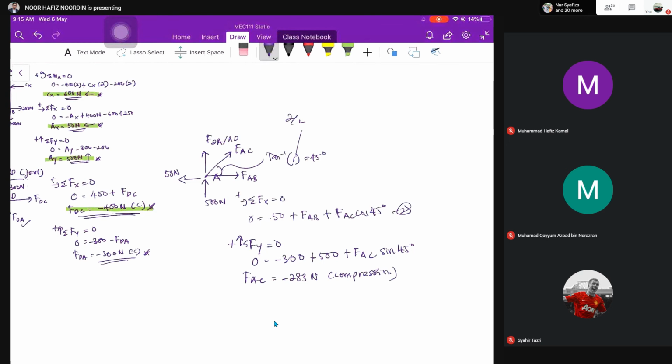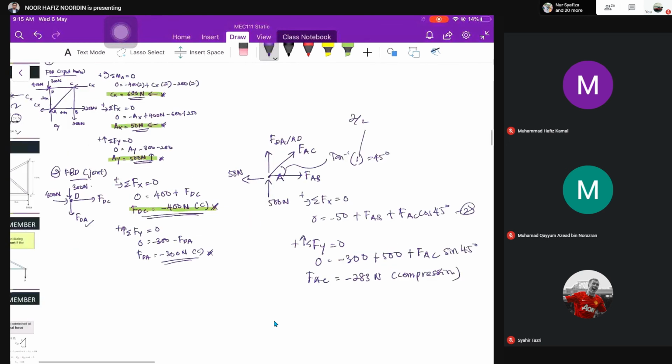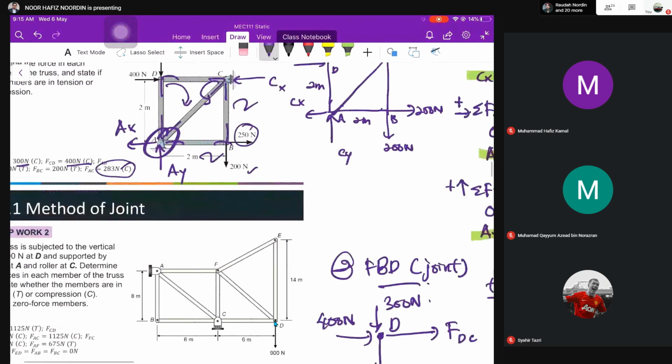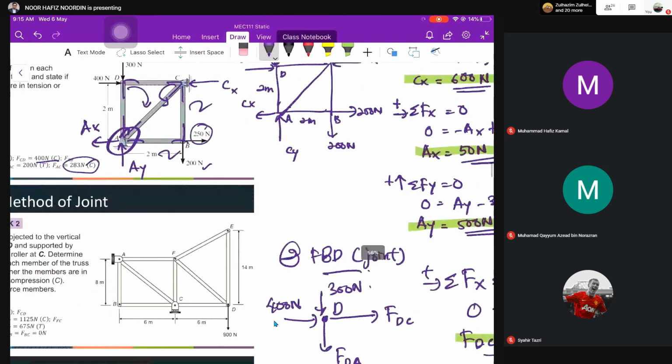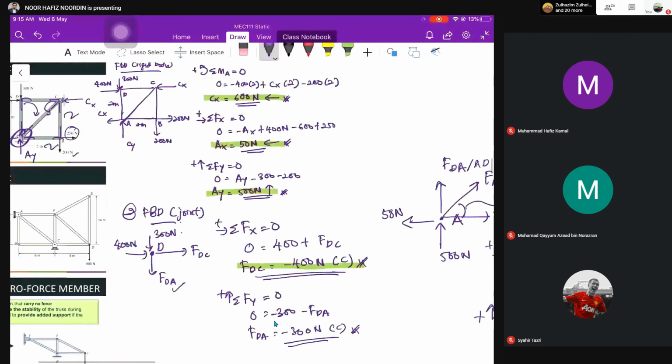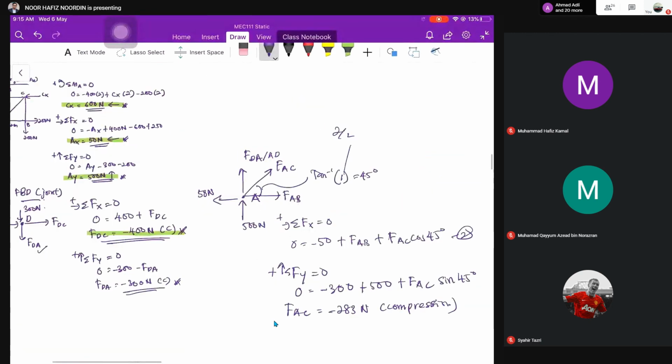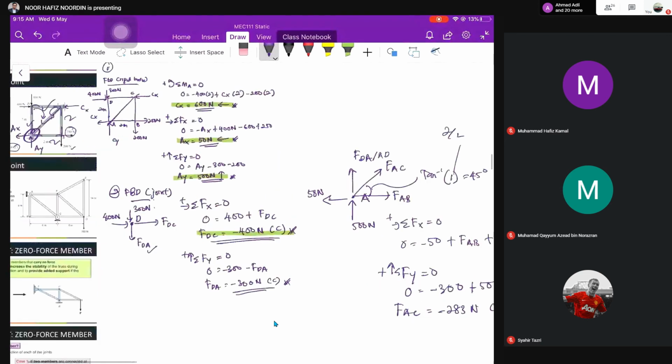Okay, compression. FAC 283 compression. So betul. Okay, and then apa lagi yang tak ada kita dapat? FAD dah, FDC dah, FAC pun dah. So kita tak ada lagi FAB dengan FBC.